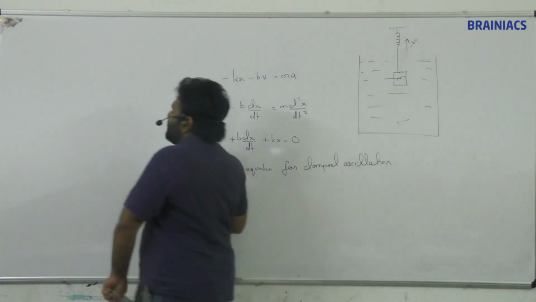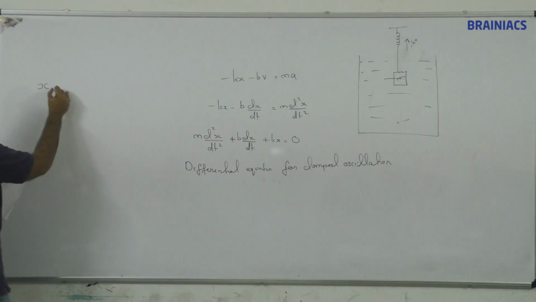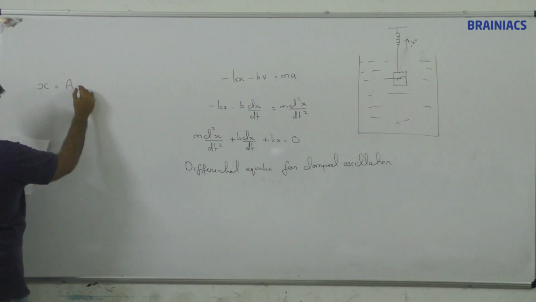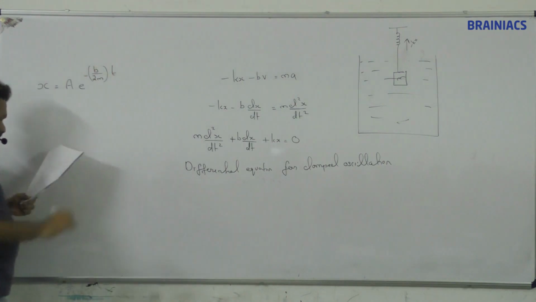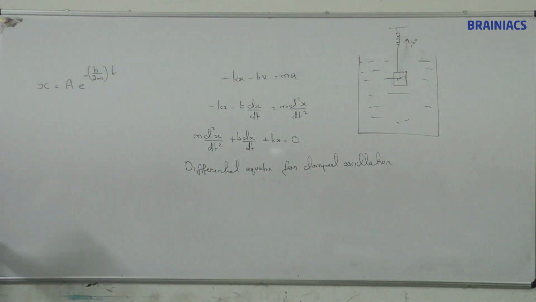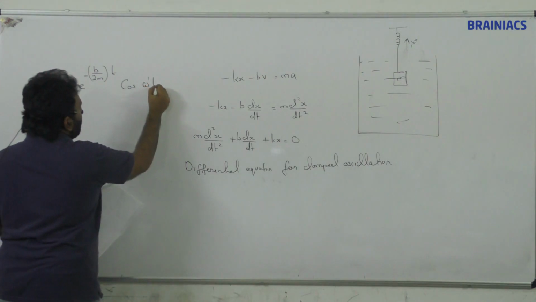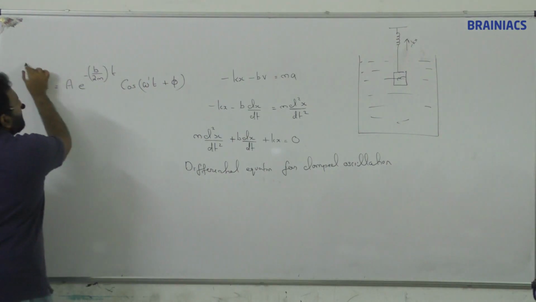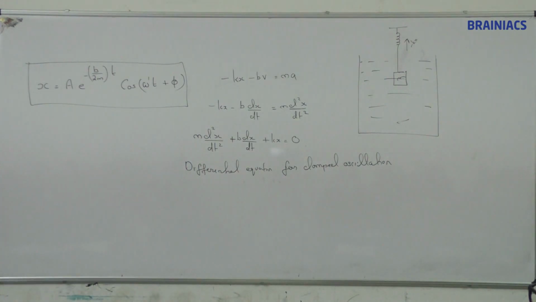So if I solve this, I will be getting displacement x is equal to A e raised to minus b by 2m into t, cos omega dash t plus phi. So this is the equation of displacement in damped oscillation.